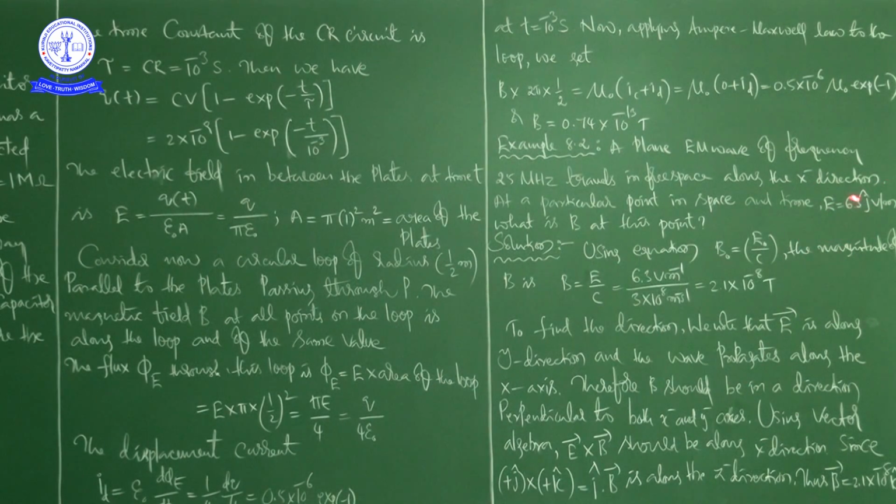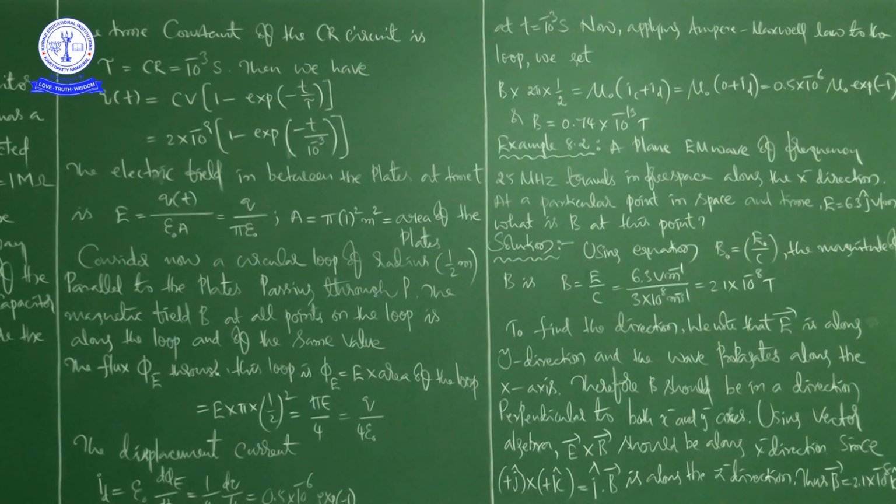E is equal to 6.3 j cap, which means along the positive y direction. I told you the notation of this j cap when I was explaining the problem initially. And the wave propagates along the x-axis.